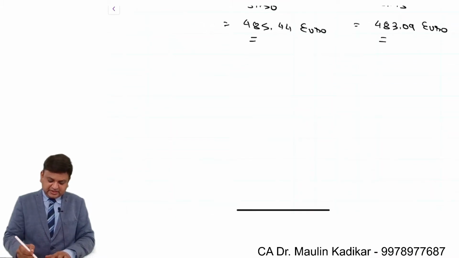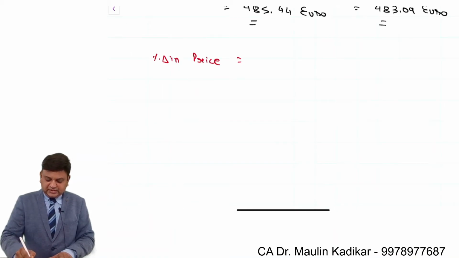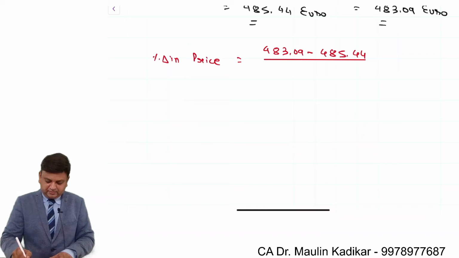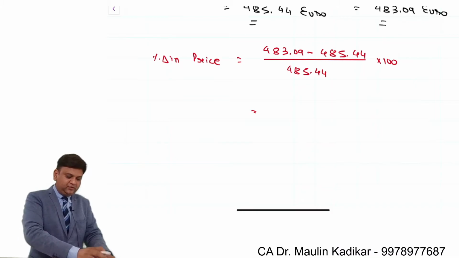So we can say something like this: percentage change in the price is equal to 483.09 minus 485.44 divided by 485.44 into 100.